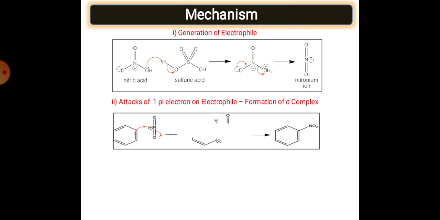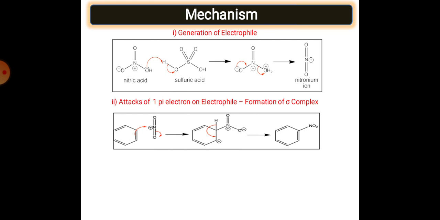So one of the pi electrons of benzene attacks the nitrogen, the bond opens to oxygen, and a positively charged intermediate forms. That intermediate in the second step is called the sigma complex, or arenium ion, or Wheland intermediate. Why is it called an arenium ion? Because the positive charge is developed on the aromatic skeleton.